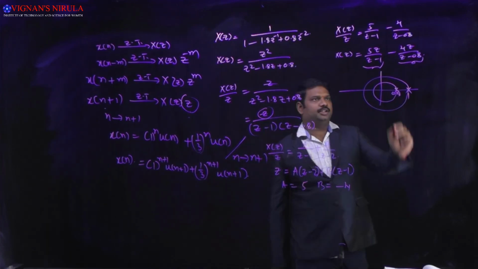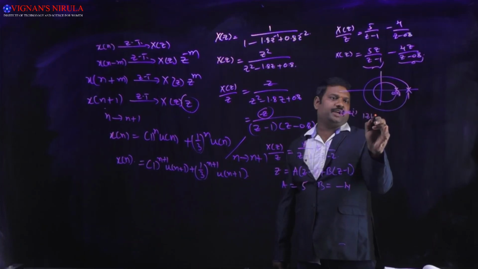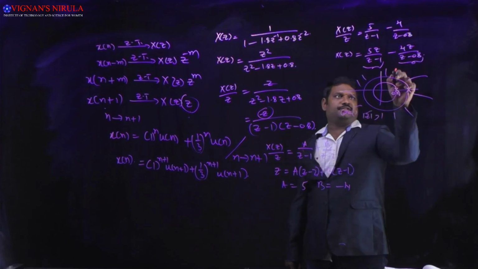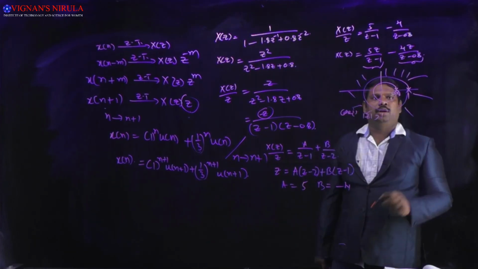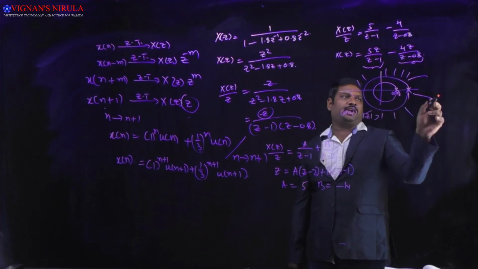Now considering the first case of the ROC, mod z greater than 1, this one. For mod z greater than 1, looking at pole 1, it is outside, and pole 2, that is 0.8, is again outside.